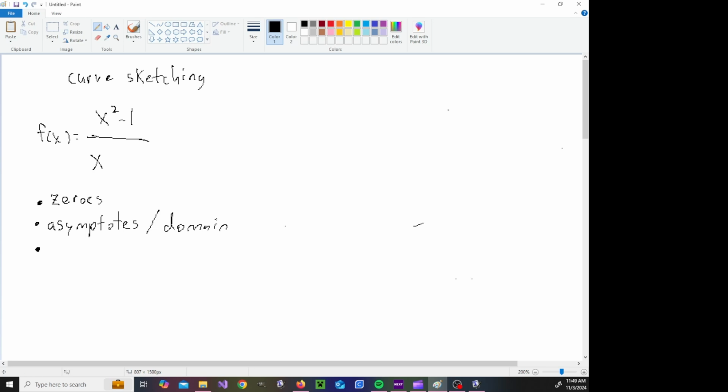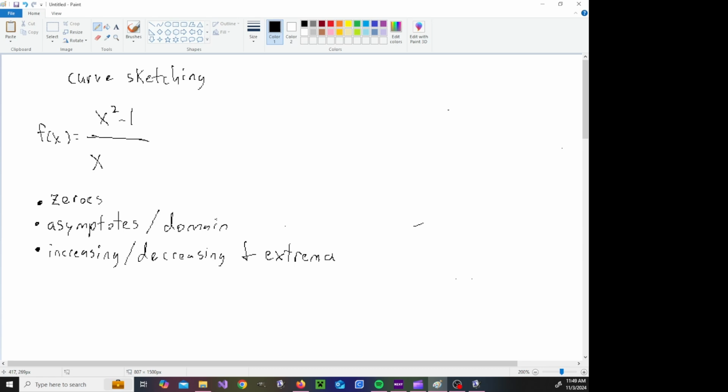Then we also want to consider increasing slash decreasing, and what goes along with that, because we're going to talk about this from the context of the derivative, then we're also going to look at the derivative for extrema, right?